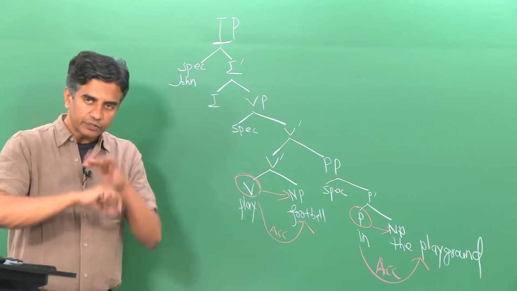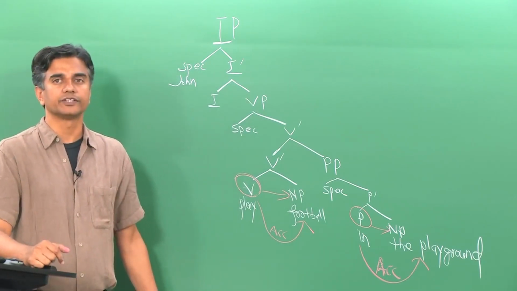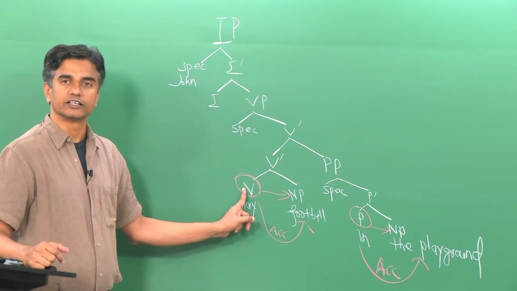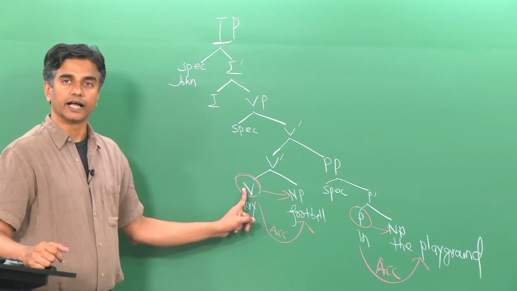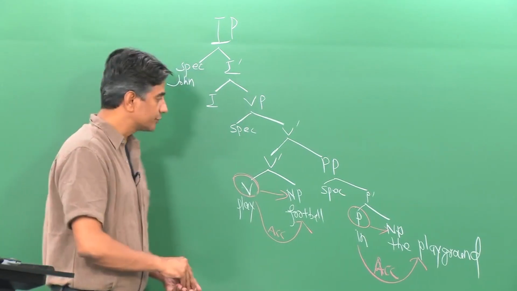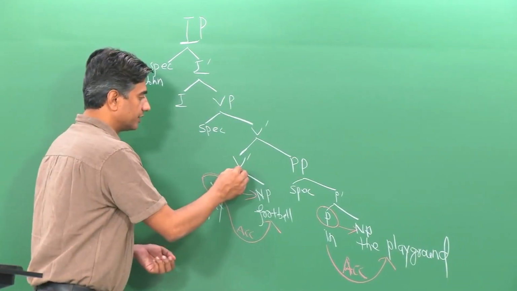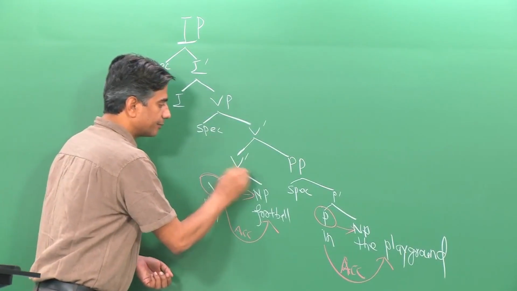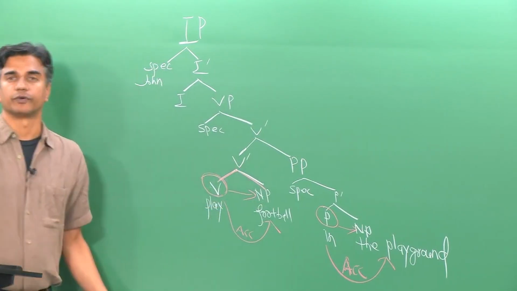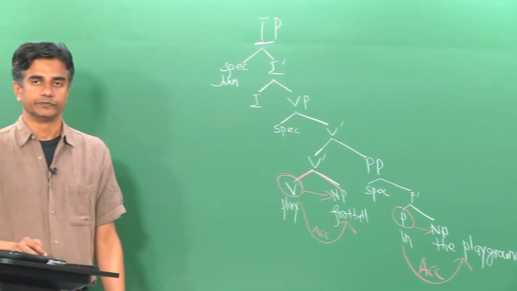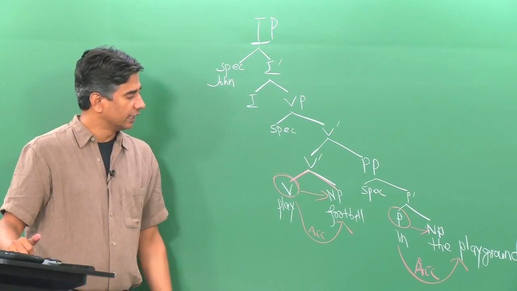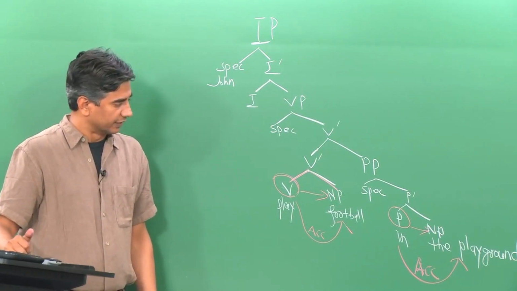So without going into the details of C command, I simply want to say that a head is a governor, and it governs the complements also because they are part of the same node. They get branched from the same node. All right. And that applies to the other NP as well.